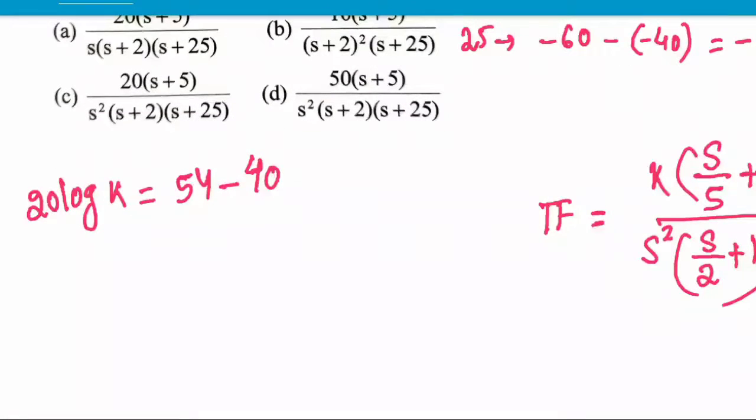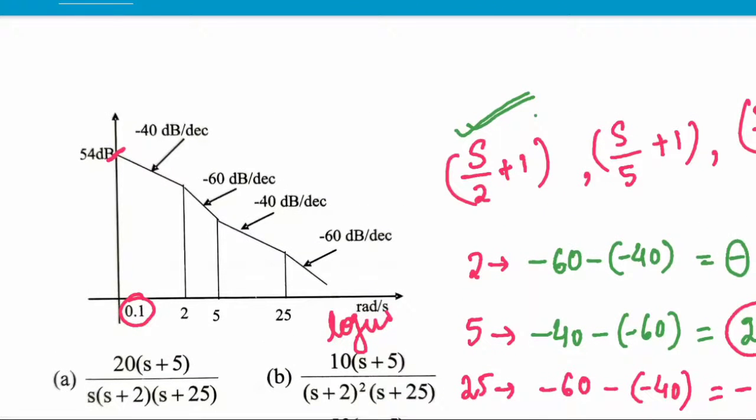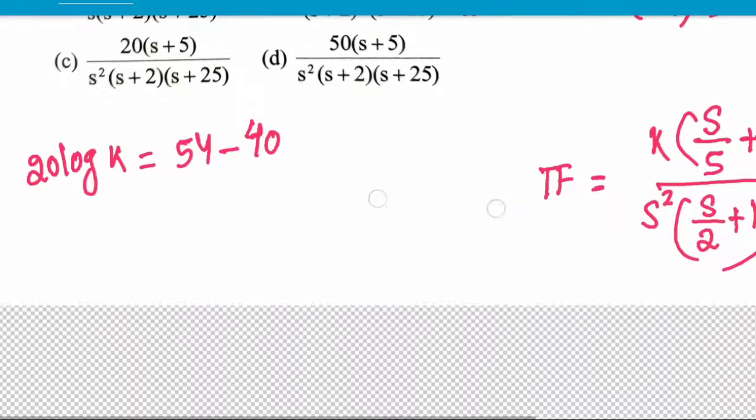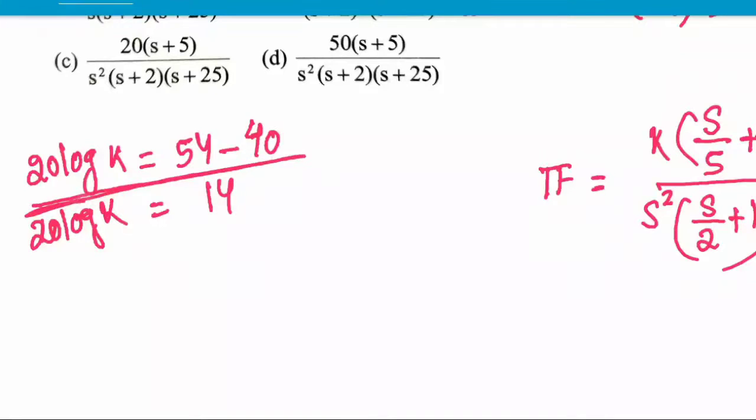So 20 log k is equal to the intersection of 54 dB minus 40, where 40 is the first slope. This is equal to 14. I have already explained in my previous video why this occurs.